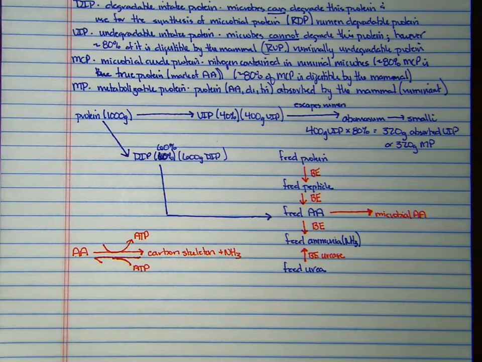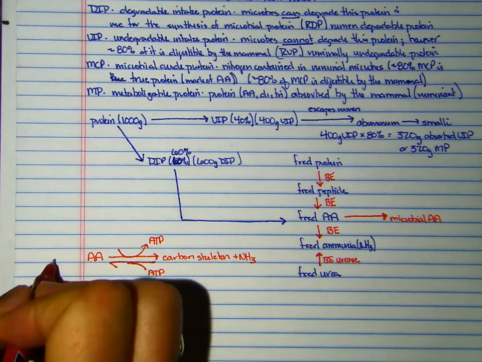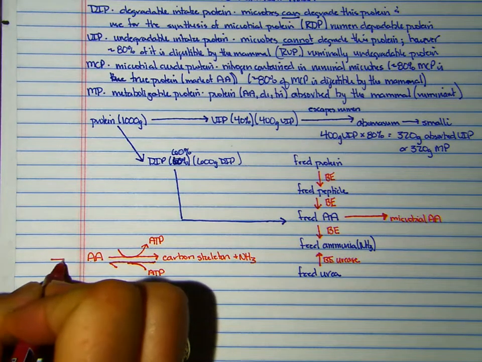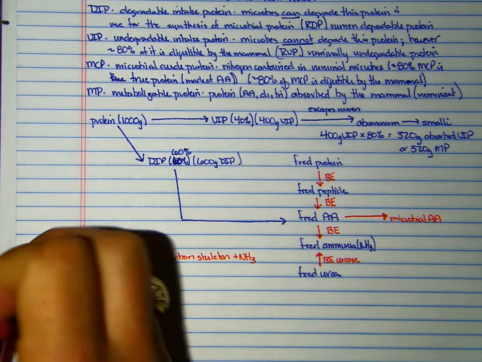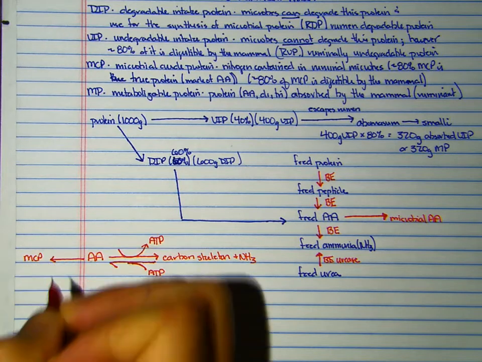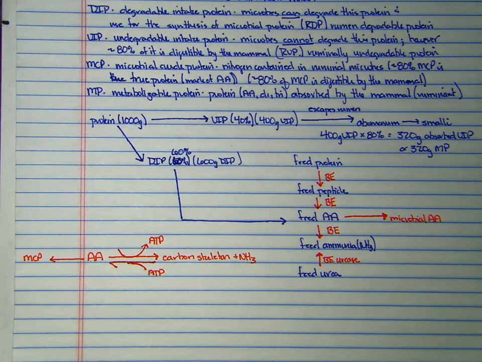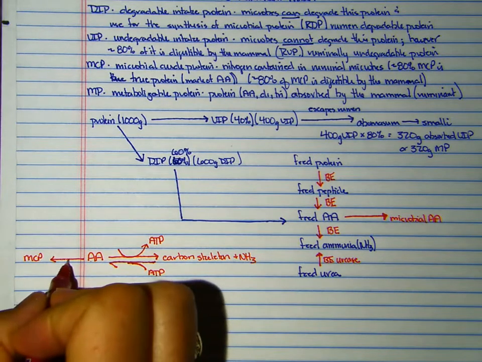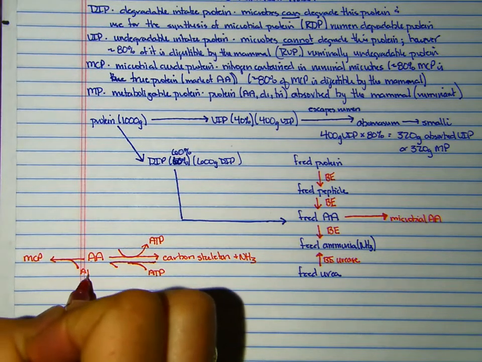Okay, we're going to extend this a little bit more. If I want to synthesize microbial crude protein in the rumen, or I could even synthesize just protein in general, that also is going to require energy.